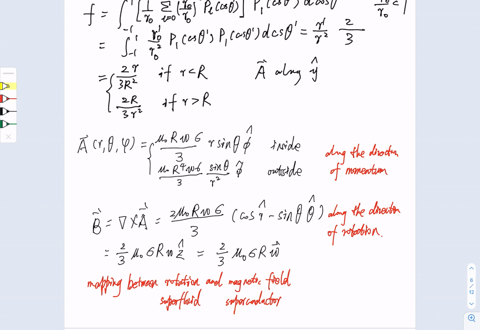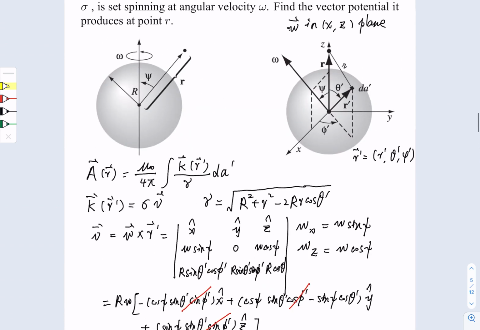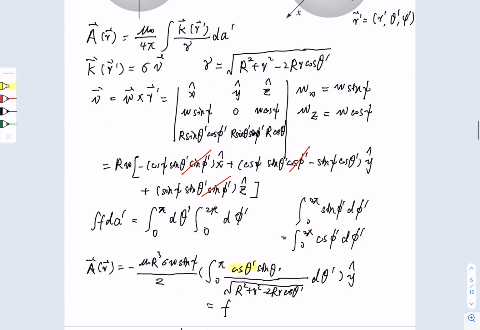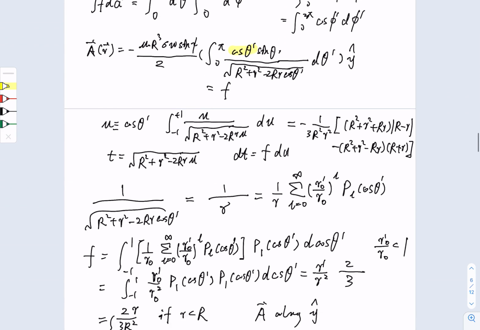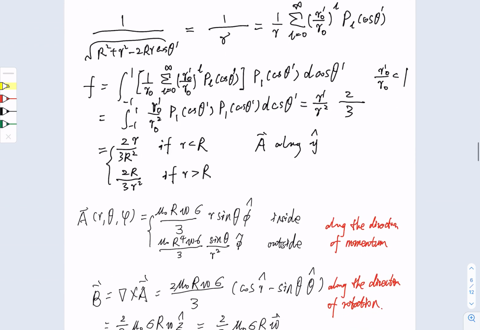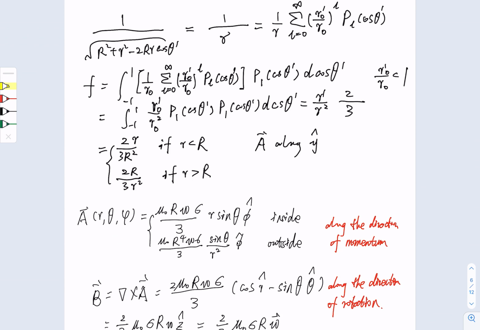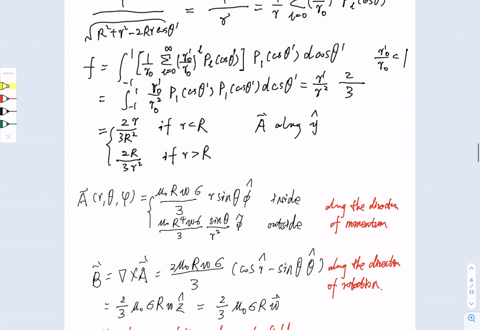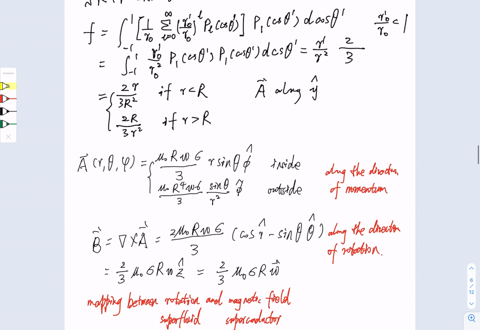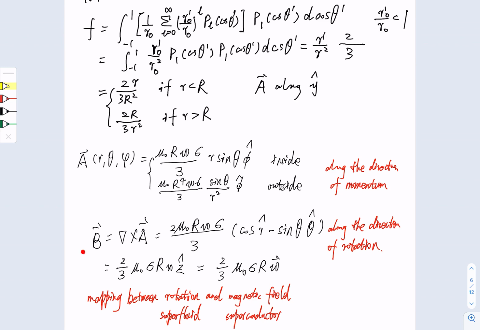Omega cross r is also along this phi direction if we rotate the system back into the coordinates over here. So eventually the answer for the A field in the coordinate system on the left-hand side is the expression over here, and now we can also work out the magnetic field.